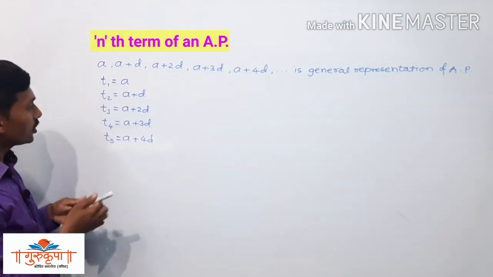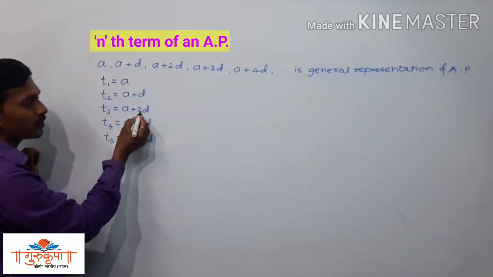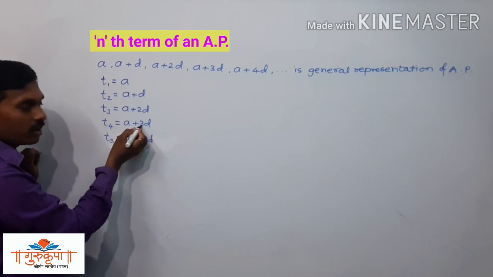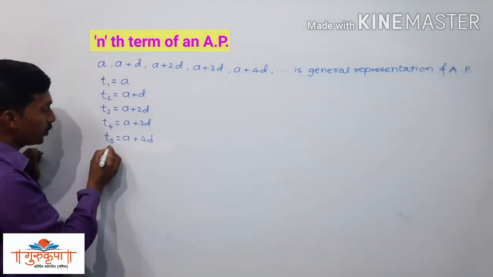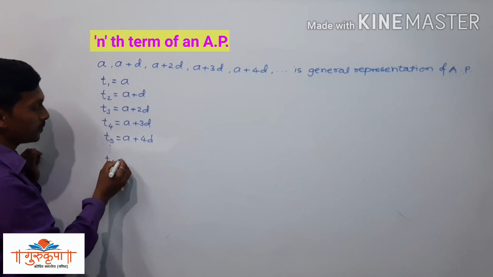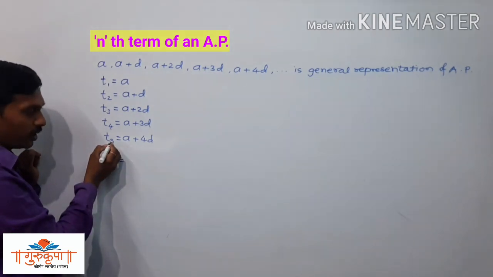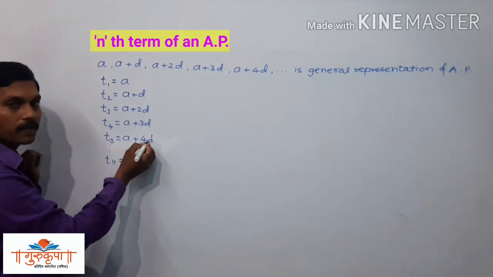And if we observe carefully, see here, when we are finding the third term, we have 2 here. If you are going to find the fourth term, you have 3 here. If you are going to find the fifth term, we have 4 here. Here we have T5. When we are going to find T5, at that time we have a plus 4d.